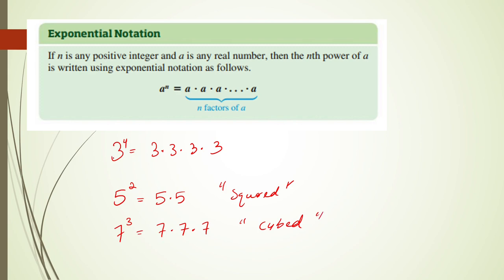In all of these examples, the number on the bottom is known as the base. The number on the top, that's slightly smaller, is known as the exponent. Here the 5 is called our base, and this 2 is called the exponent. The 7 is called the base, and the 3 is called our exponent.